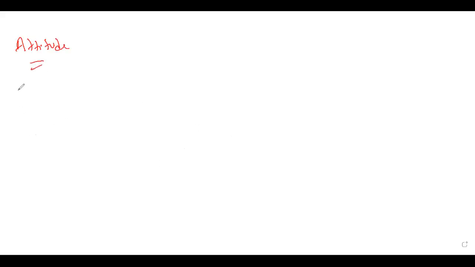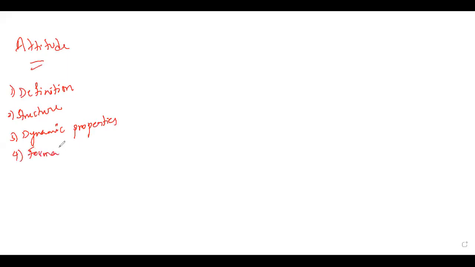So the quick table of contents is: definition, structure, and then dynamic properties of attitude, formation of attitude, moral attitude, political attitude, functions of attitude.